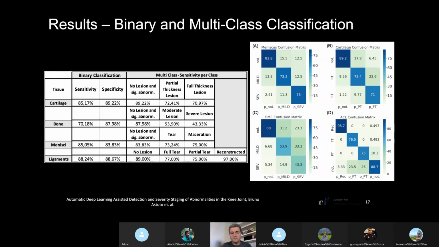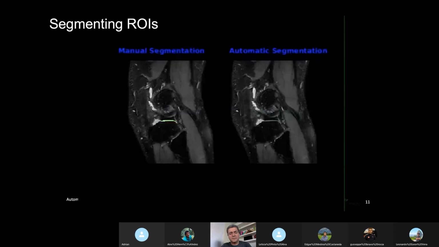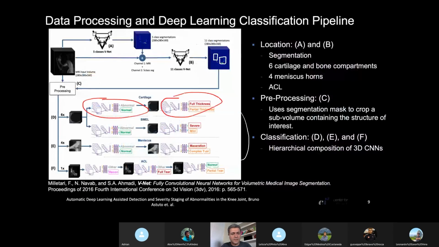All right. So I trained again, going back here, normal and abnormal, and then on the abnormal cases, we did how abnormal: is it a severe abnormality or a mild abnormality.